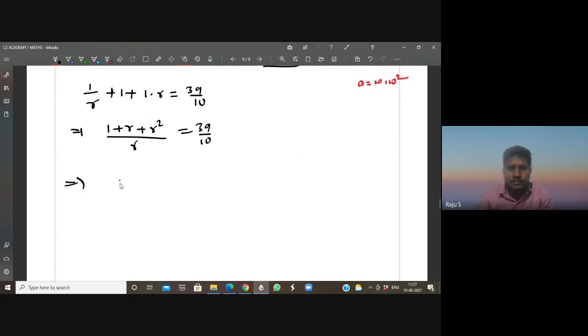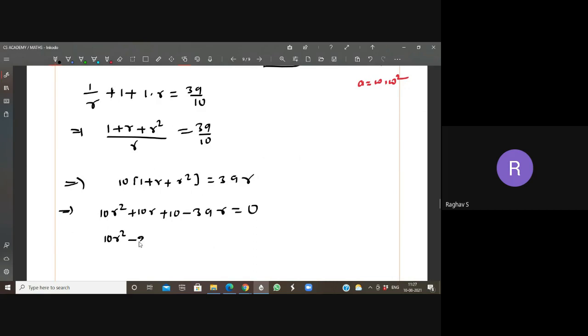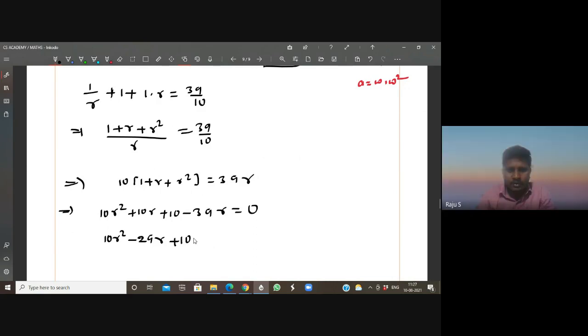Cross multiply: 10 into (1 plus R plus R square) is equal to 39 into R. So 10 R square plus 10 R plus 10 minus 39 R is equal to 0. So 10 R square minus 29 R plus 10 is equal to 0.